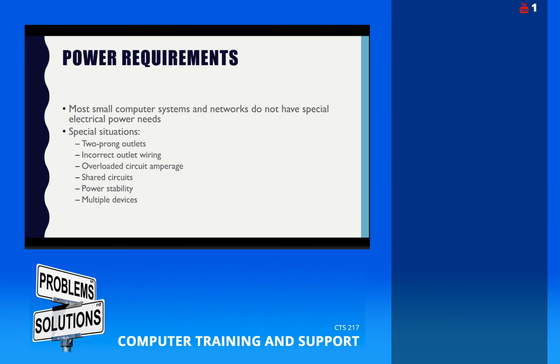Power requirements. Let's talk about power requirements for a minute. We're quickly coming up on our 30 minutes. Time does fly. So most small computer systems and networks don't really have special power requirements, especially in the most modern stuff. Right? For most regular desktops, what we see in terms of need is your standard grounded 110 outlet.